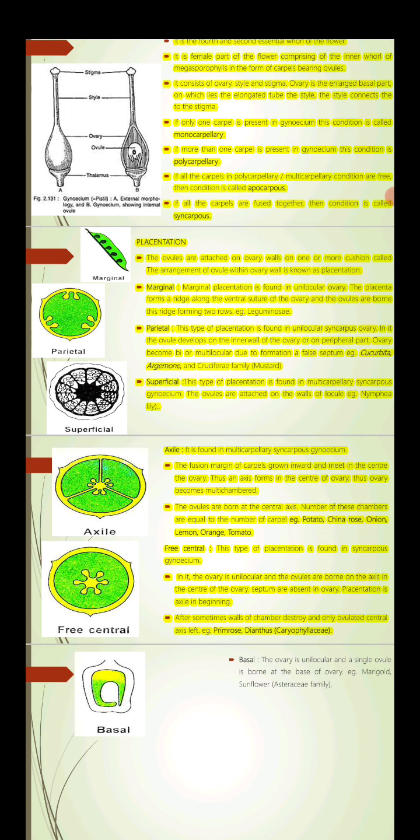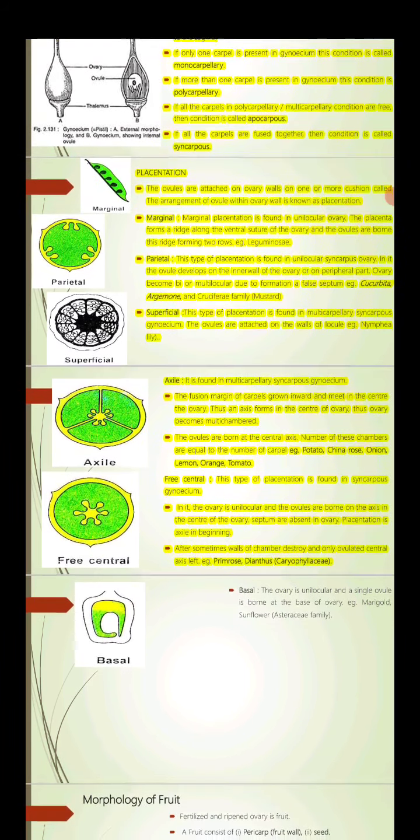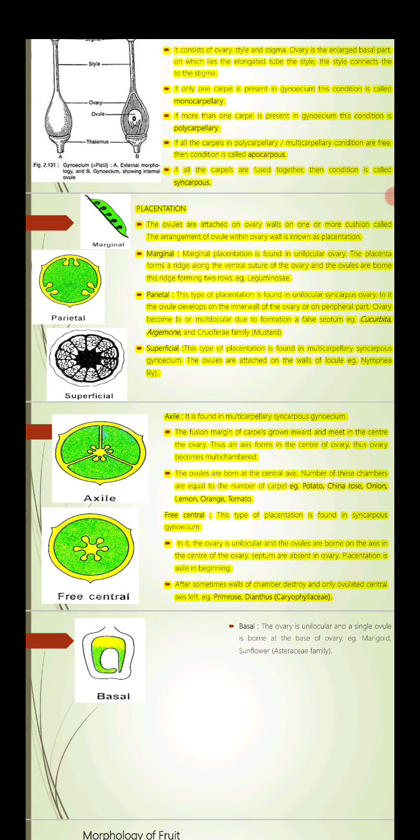Next one is the axial. It is found in the multicarpellary syncarpous gynoecium. The fusion margins of carpels grow inward and meet in the center of the ovary. Okay, and free central. This type of placentation is found in the syncarpous gynoecium. What's the meaning of the free central? In it the ovary is unilocular and ovules are borne on the axis in the center.